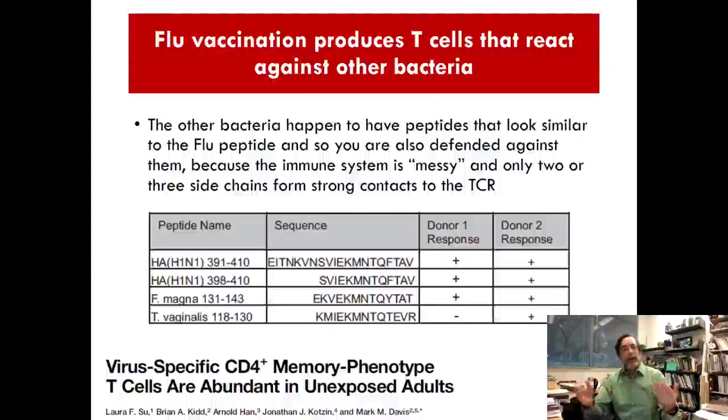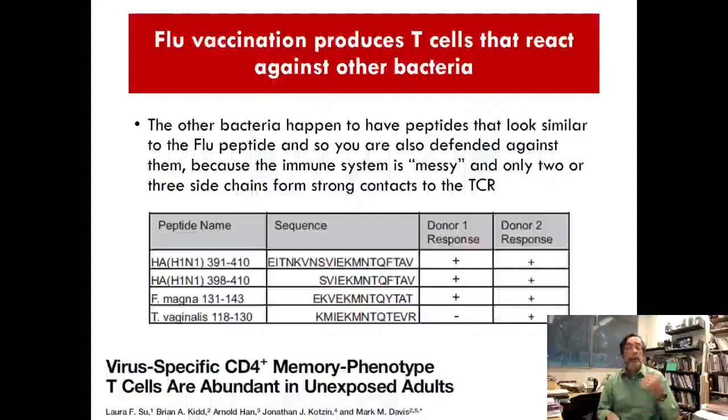So they said, let's take these and let's see if these T cells that were raised against flu, that never saw F magna anywhere, will they mistakenly, or maybe on purpose, react with this peptide because it has the same middle, even if it has different ends. Lo and behold, they did. And it worked for one donor, it worked for another peptide from another completely different organism.